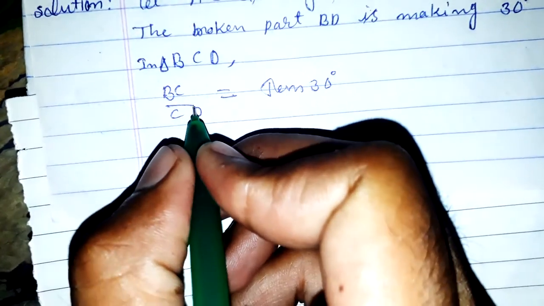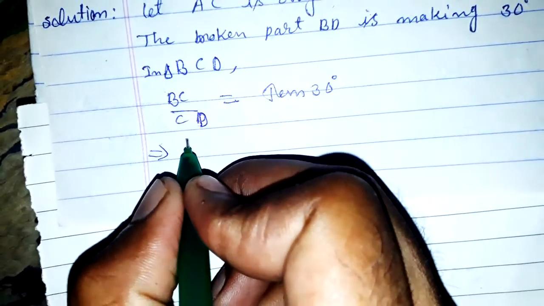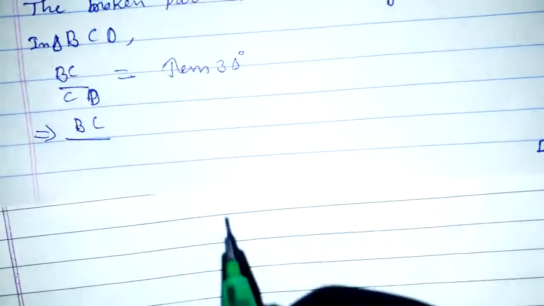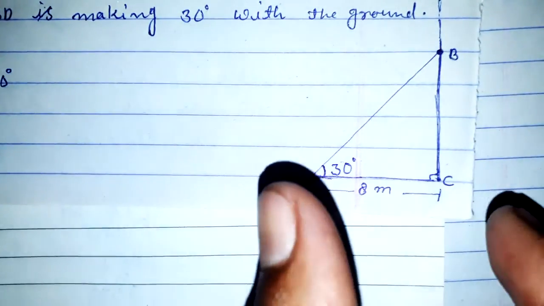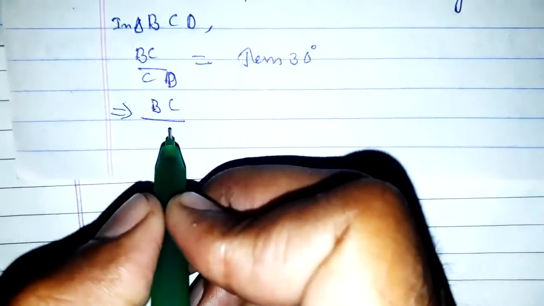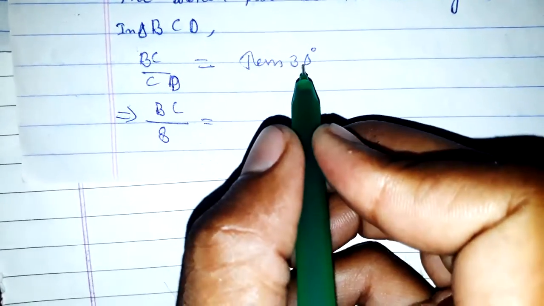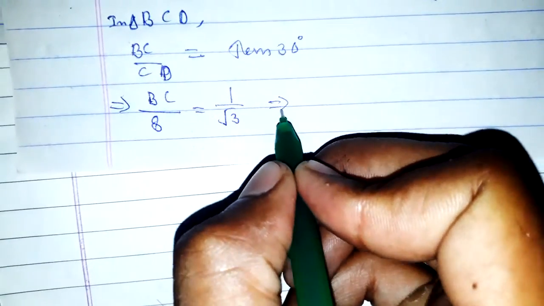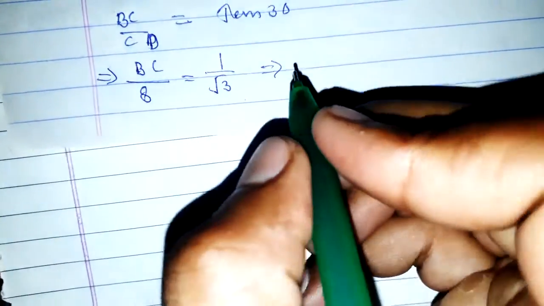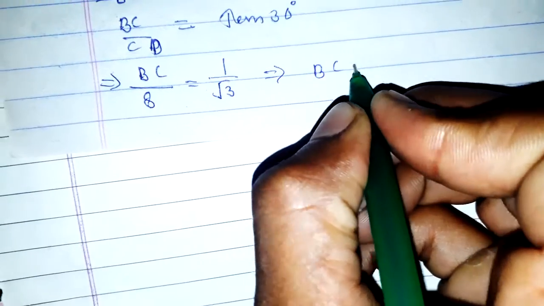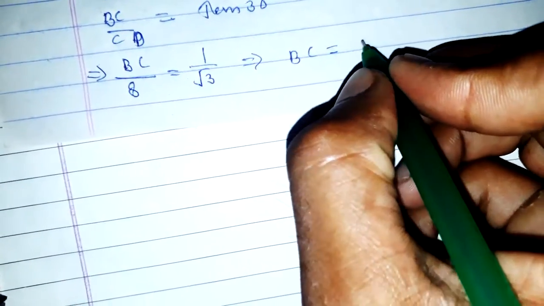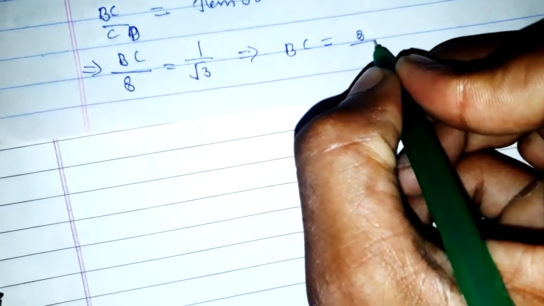So what is the value of BC? You have to find the value of BC. What is DC? Here DC is 8. What is the value of tan 30? Tan 30 is 1 upon root 3. Implies that BC is equal to 8 upon root 3.